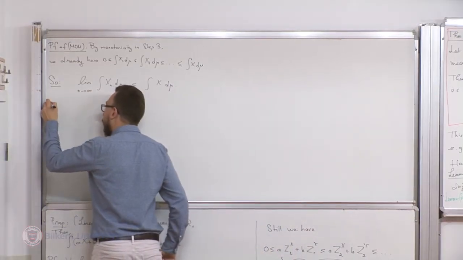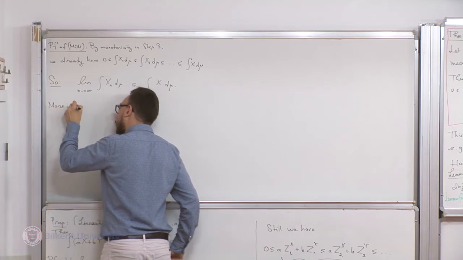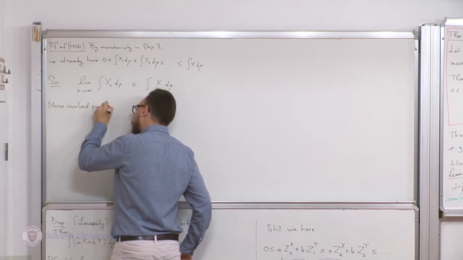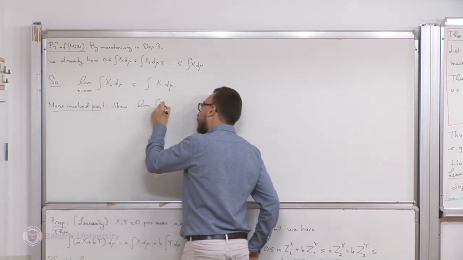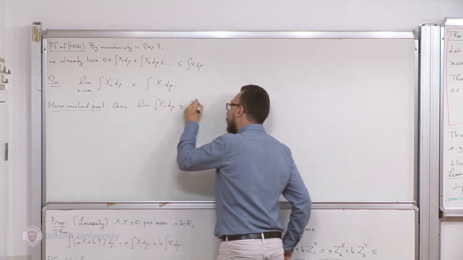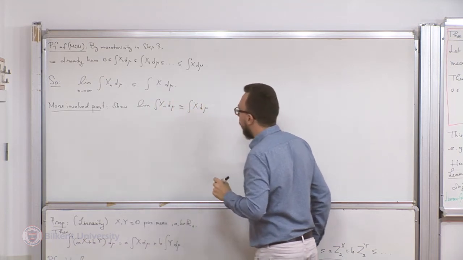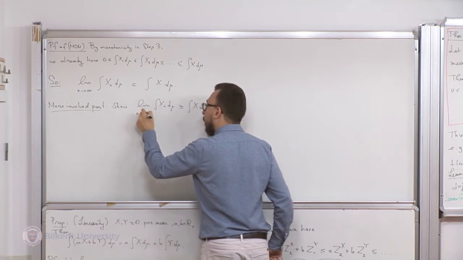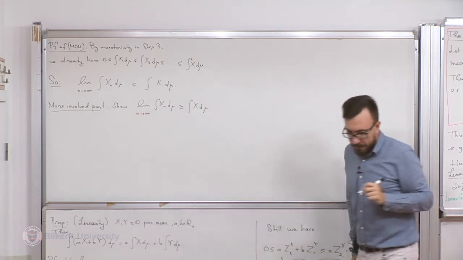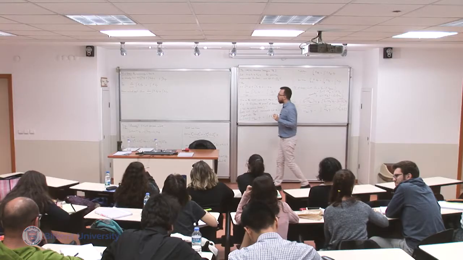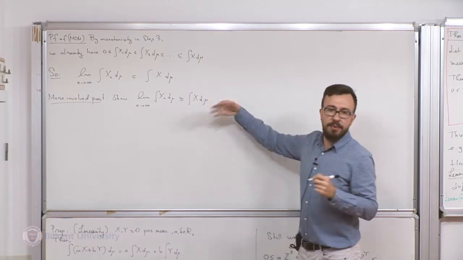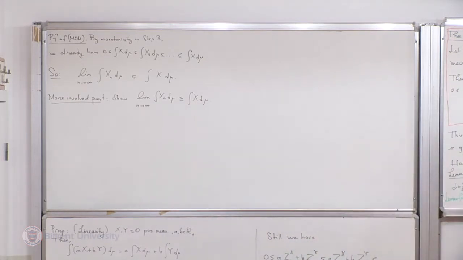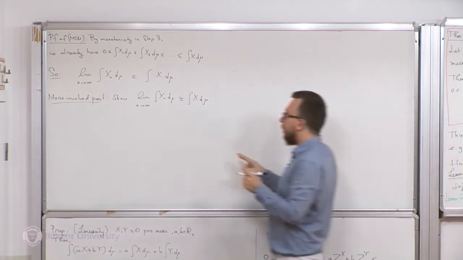So the more involved part is to show the opposite. Limit of integrals is larger or equal to integral of limit. So what are we going to do for this? First of all, that's a positive measurable function. Let's recall how this integral was defined.